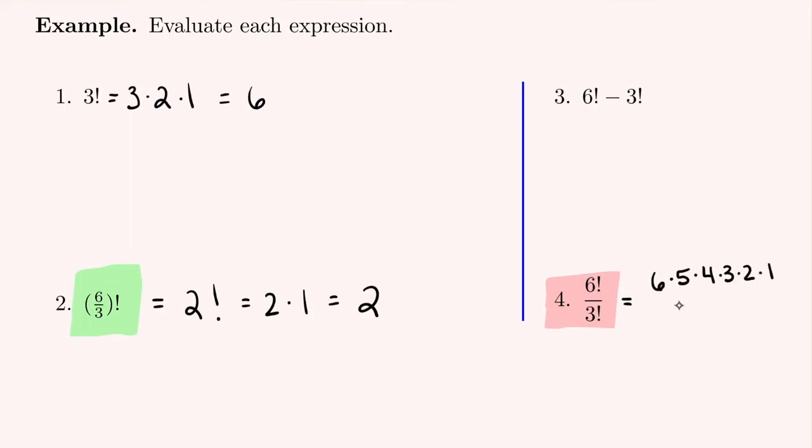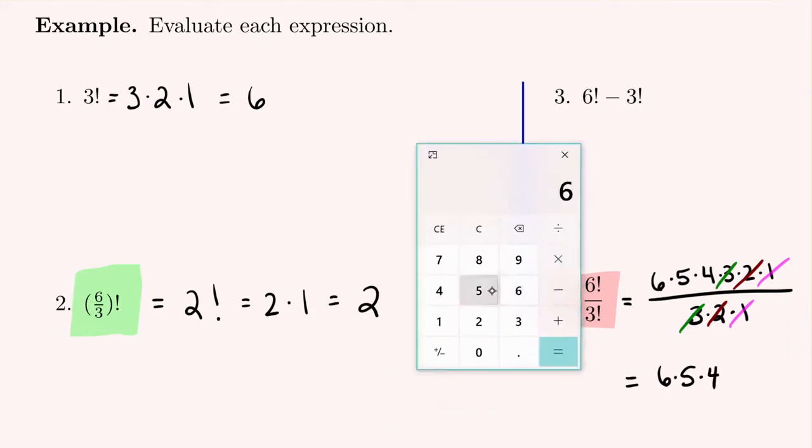So I've written out what 6 factorial is, I've written out what 3 factorial is, and I cancel the commonly appearing terms, so that all I'm left with after cancellation is 6 times 5 times 4, which is 120.